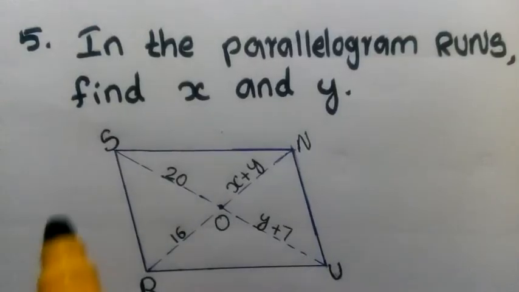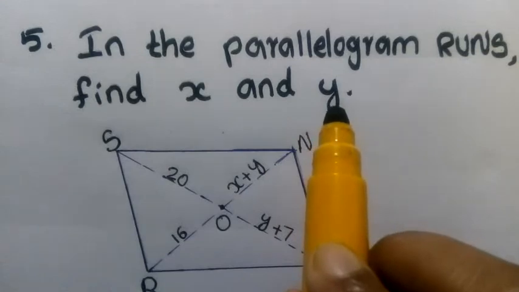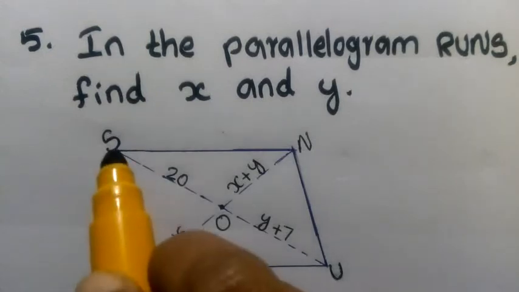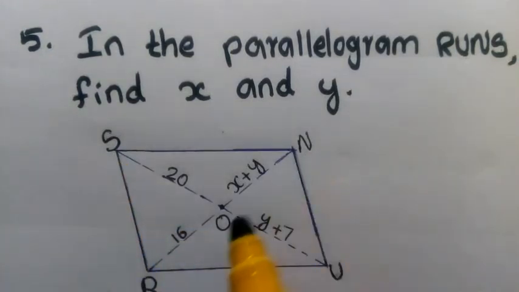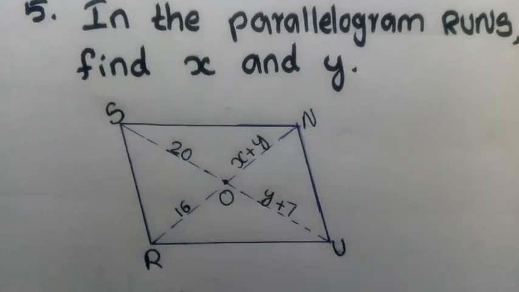Fifth question. In the parallelogram RUNS, find X and Y. Here we have a parallelogram RUNS. Its diagonals US and RN intersect at O. Solution.